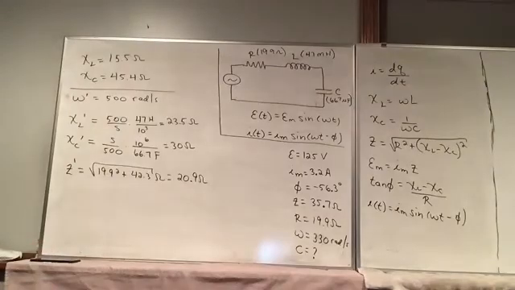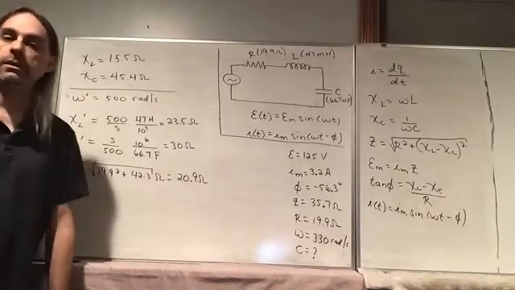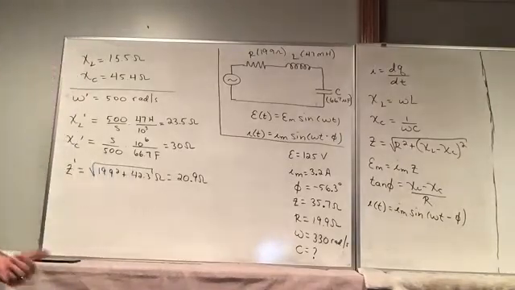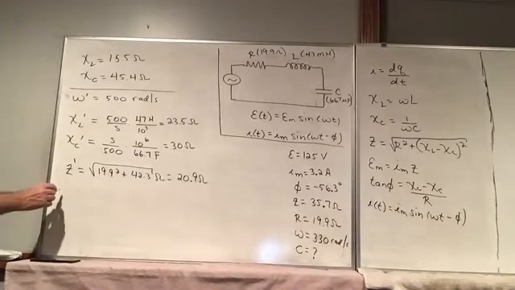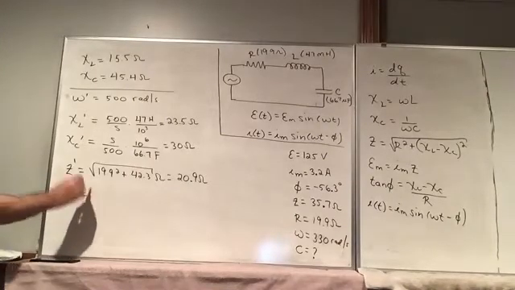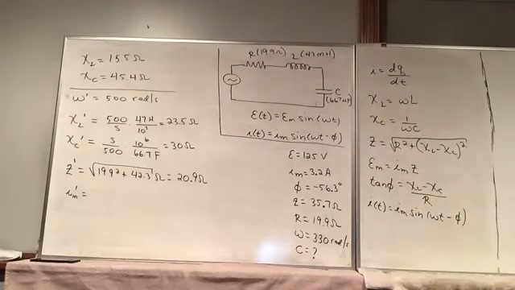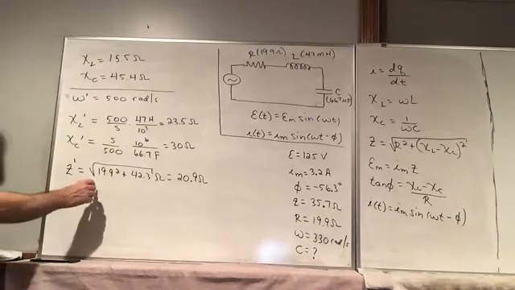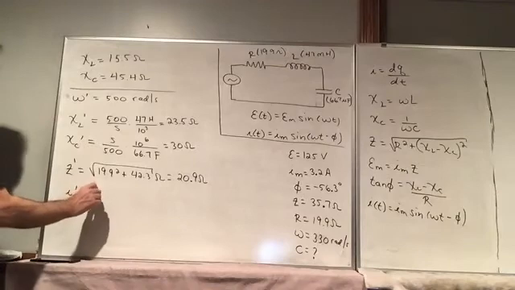So before we had 35.7 ohms, which was kind of like the effective resistance of this circuit, if we're talking about peak values. So let's look at the peak current now. Remember, the peak current is the peak EMF, which has not changed.